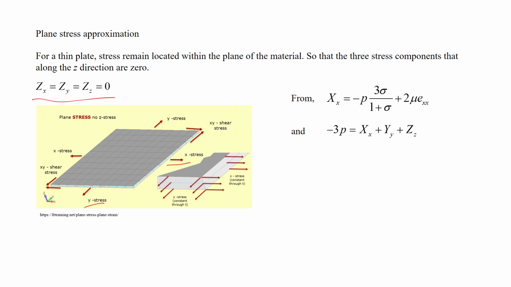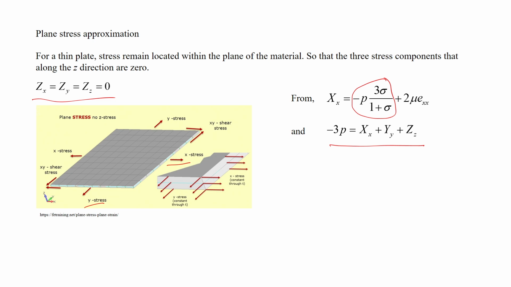Here, for example, sigma xx is represented as minus p into lambda plus 2 mu e xx, and lambda can be represented here like this, minus p into 3 sigma by 1 plus sigma, for a general relation for a compressible material, and this 3 p is equal to this.